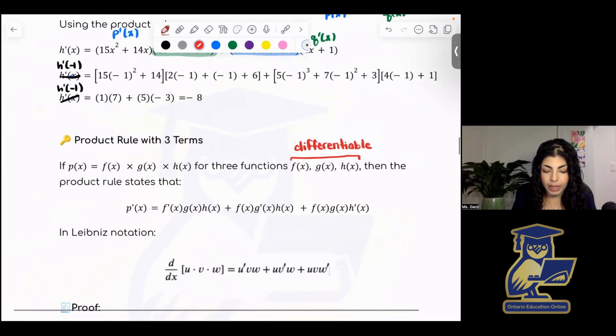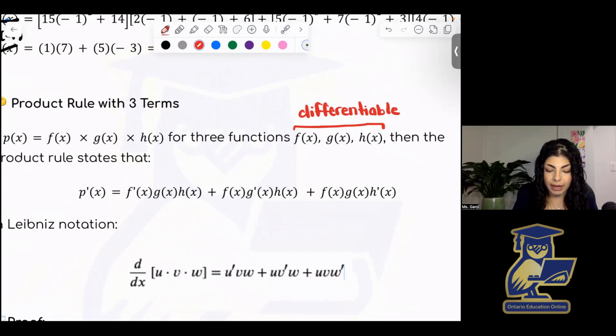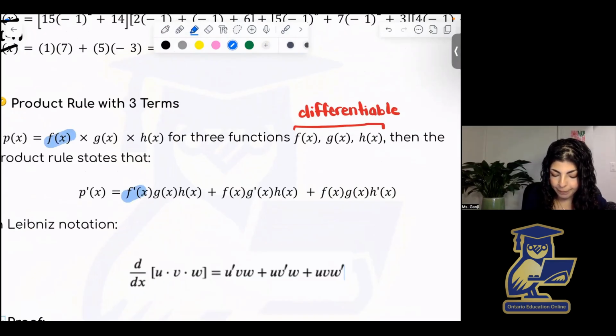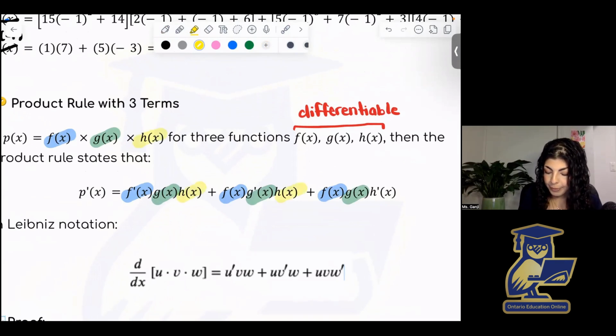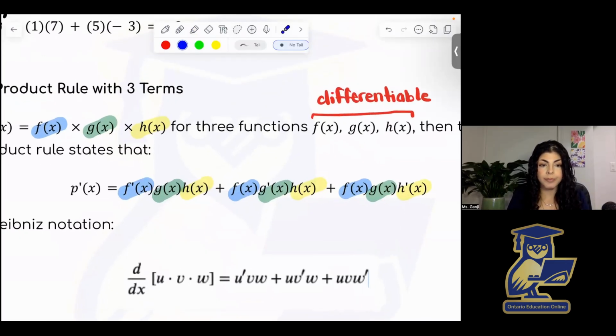Then the product rule is, and take a look and see if you notice the pattern here. So I'm going to maybe start highlighting for you. You're pretty much taking the derivative of, for example, the first function here. The other 2 stay the same.